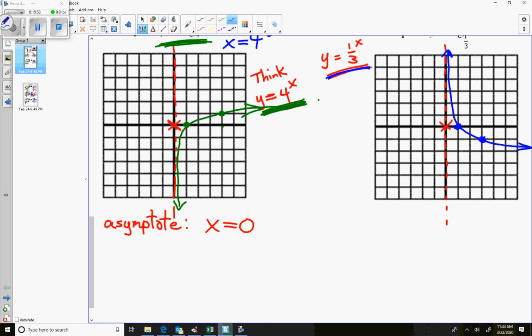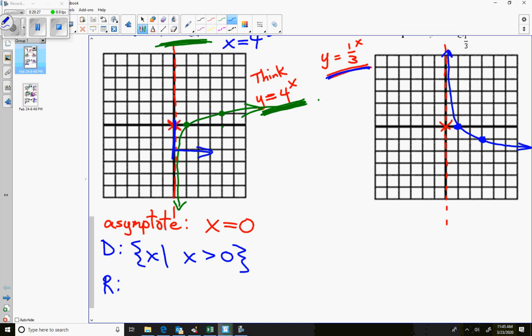What is its domain? No, it doesn't go left and right forever. It starts right here at 0 and everything bigger. So my domain is the set of all x such that x is greater than, not greater than or equal to, doesn't touch that asymptote, just greater than 0. What about the range though? Well, it definitely goes down forever.